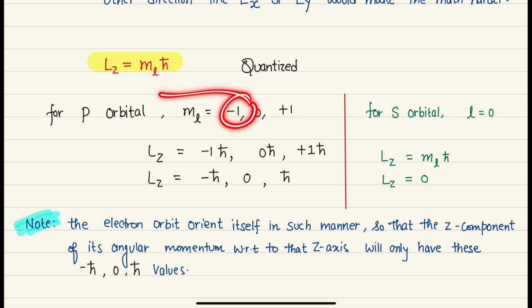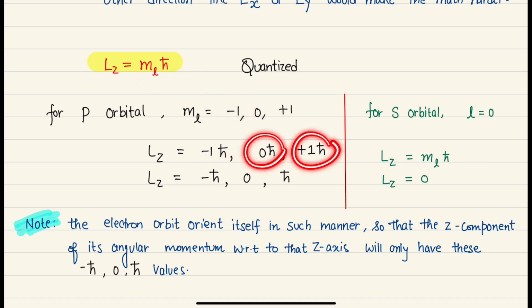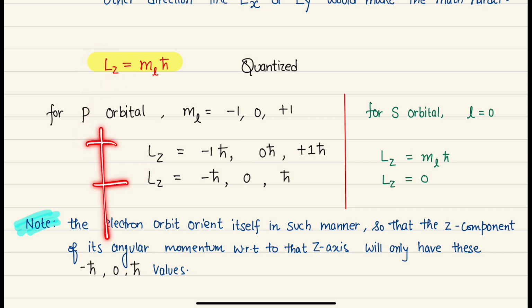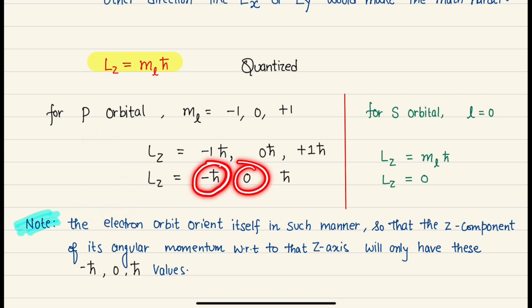If you put the values here one by one, you will get three different values of Lz: -1 into h cut gives -h cut, 0 h cut, and +1 h cut. So Lz has 3 values on the z axis: -h cut, 0, and +h cut.